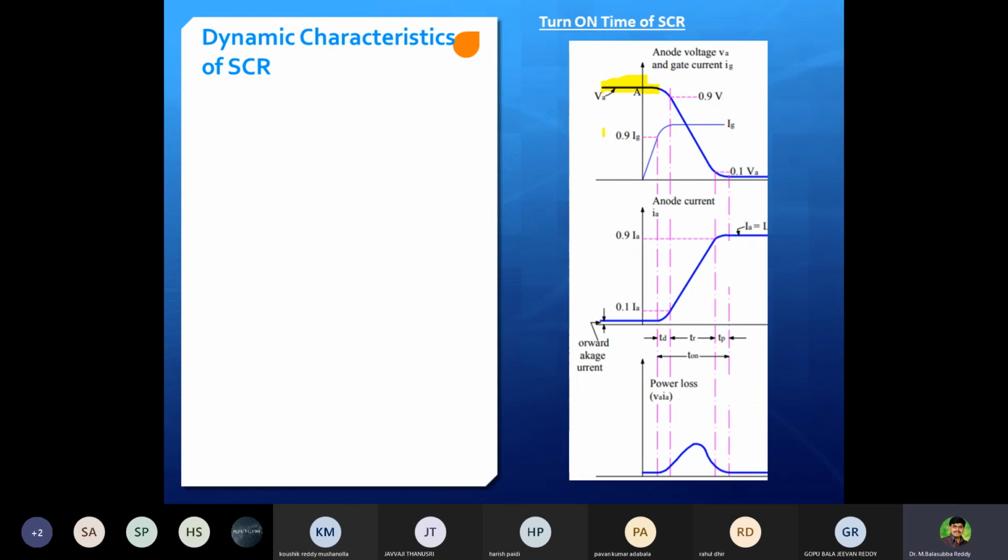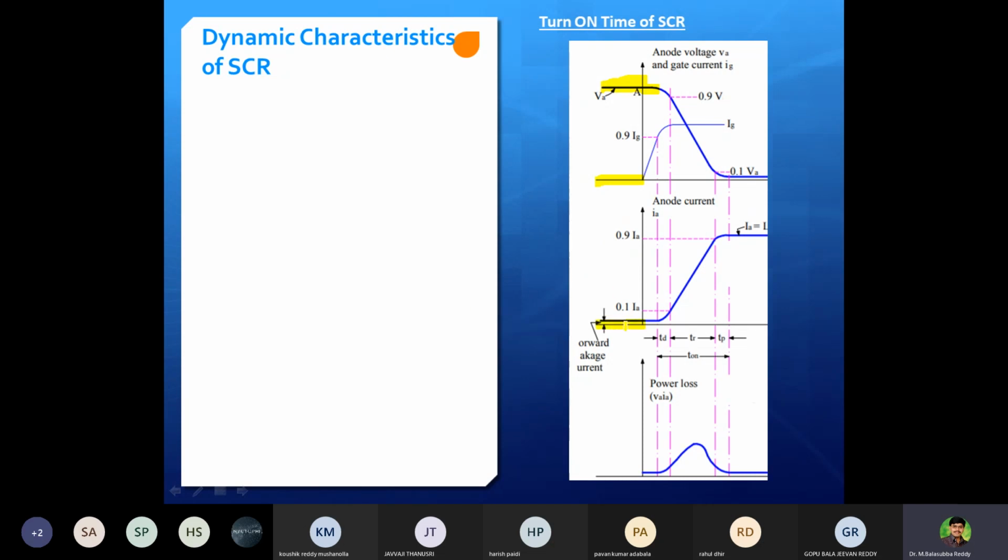That we call it as a voltage across the device because it is in the off state. Now you can see the gate current. So what is the gate current when the device is off state? Gate current is 0 because we don't want to give any gate signal when the device is in the off state. Now what about the anode current?